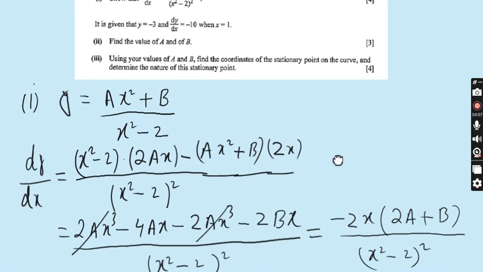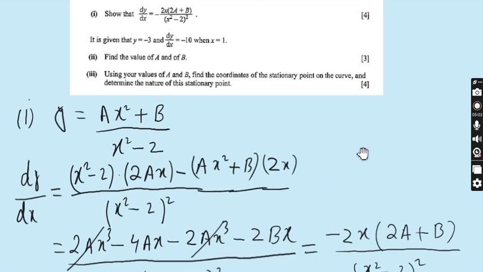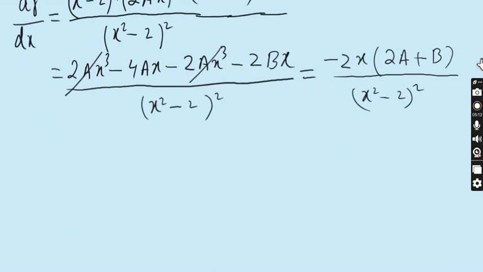We have to show in part number 1 that dy/dx equals negative 2x(2a plus b) over (x² minus 2) whole square. And we got it. So this is the answer of part number 1. Now move to part 2.